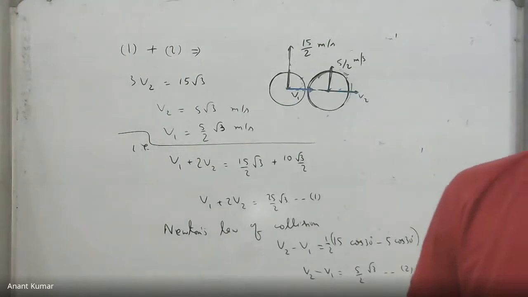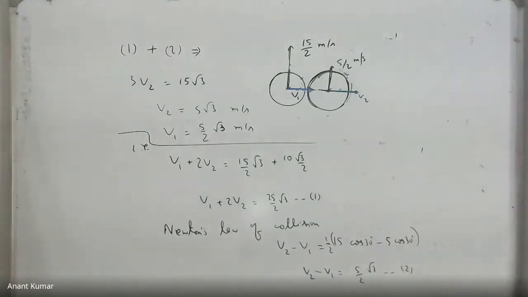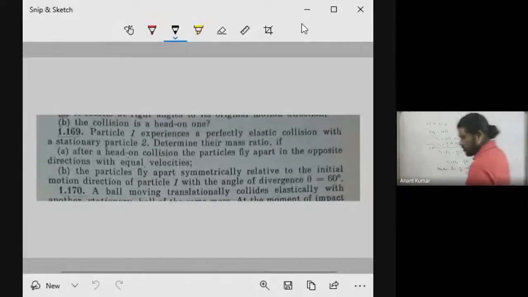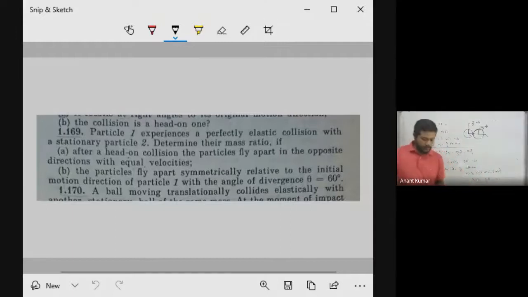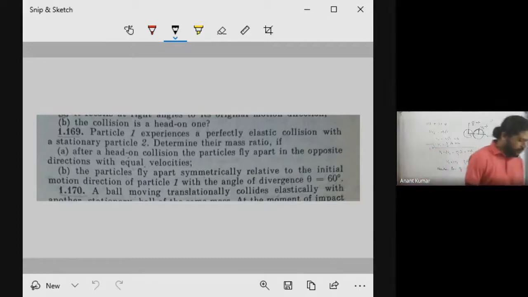If after a head-on collision the particles fly apart in the opposite direction with equal velocities, first part. Second part, they will fly symmetrically at an angle of 60 degrees with respect to the initial direction. Find out in this case the mass ratio in both cases.